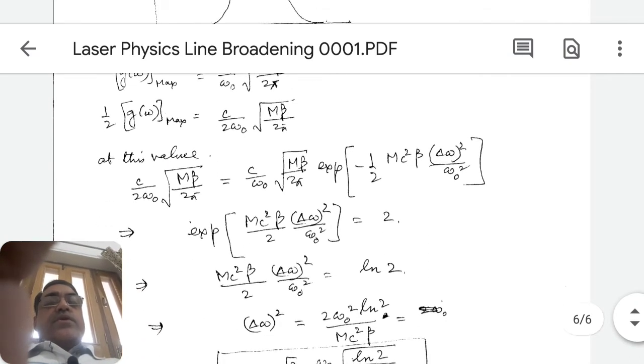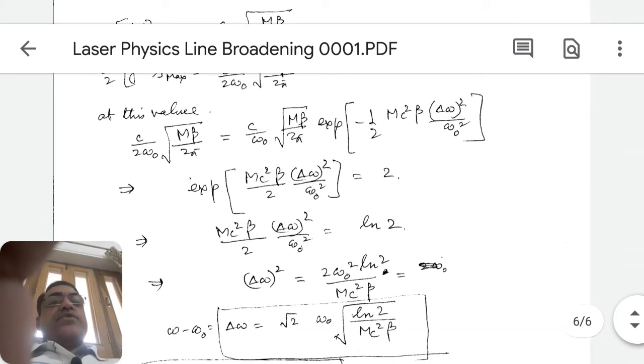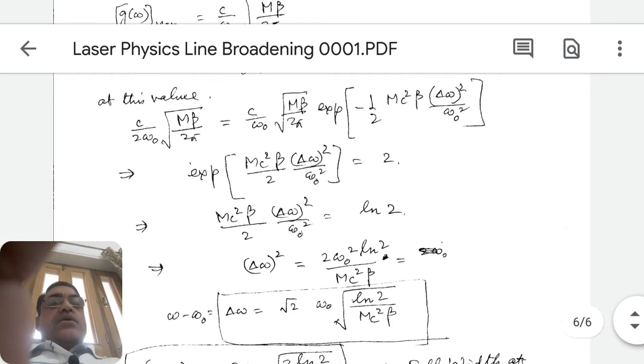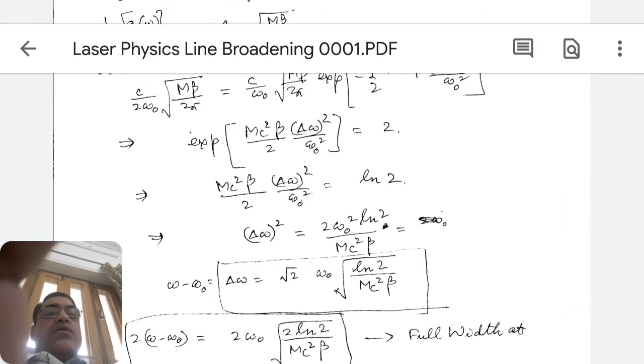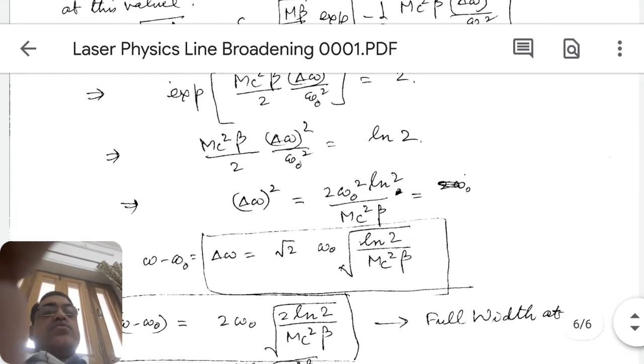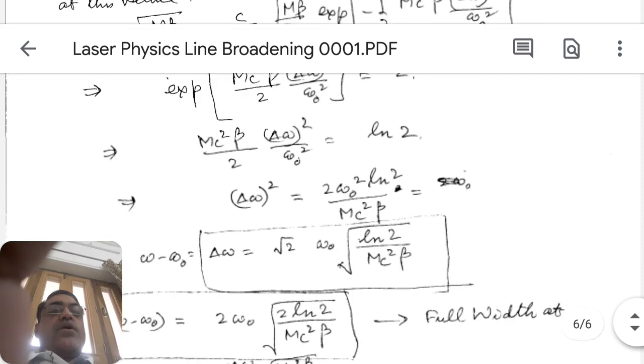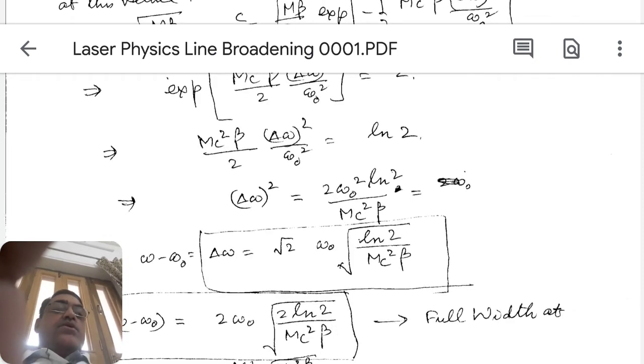So solving this, we easily get the value of delta omega. Delta omega is equal to under root of 2 omega naught under root of natural log 2 by mc square beta.